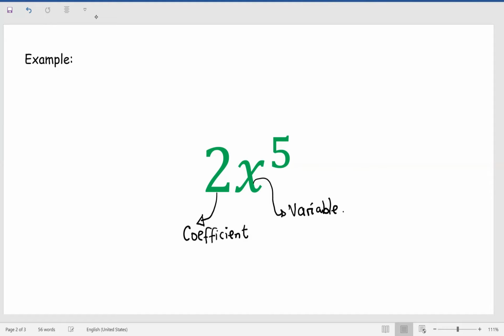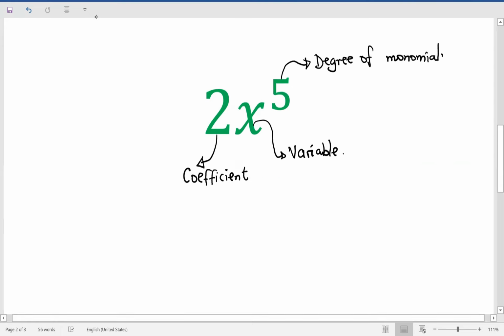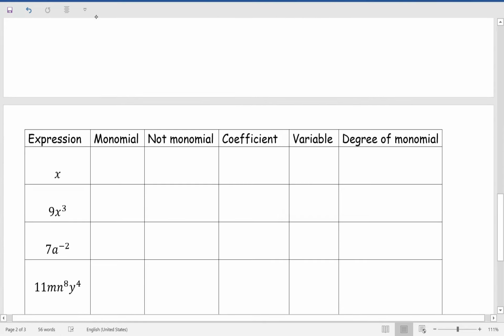Okay? Now, this 5 is an exponent, but the exponent here will be known as the degree of the monomial. You are going to understand this very, very well when you watch my video about what is a degree of a monomial. Now, let's have some examples here to understand very well what monomials are.